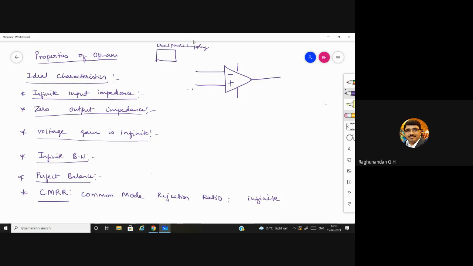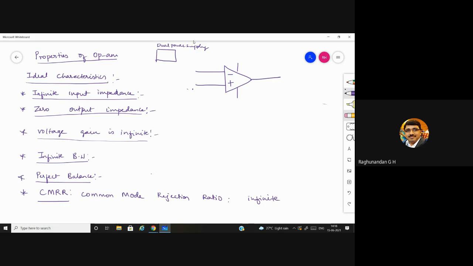Fine. Dual power supply means, usually power supplies we use cannot have AC and DC together. Either it will be AC power supply or DC power supply. Dual power supply means there will be multiple output terminals.